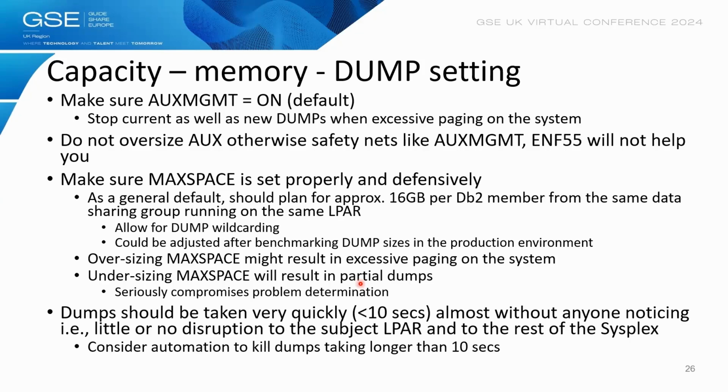And when we page, when Db2 is taking a dump, the address spaces are basically frozen because we are synchronously pulling the memory and writing it to the DASD. And when we do it through the aux, then it slows down even more.